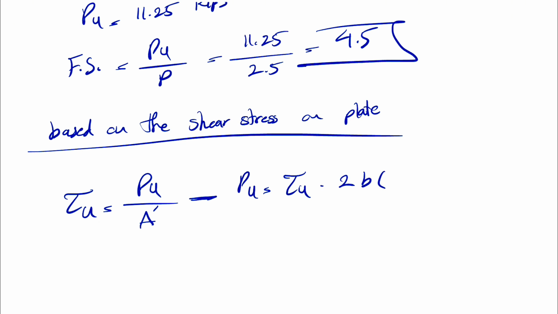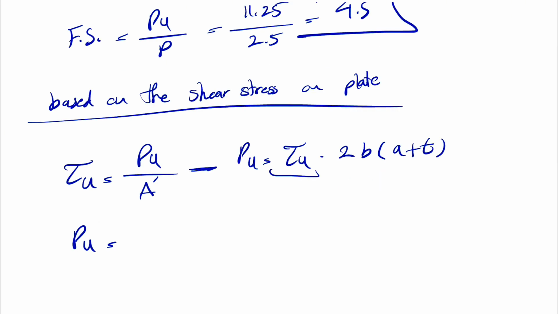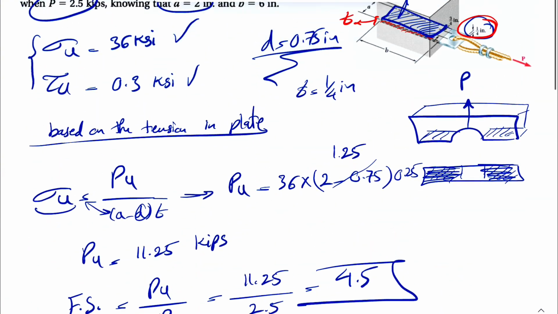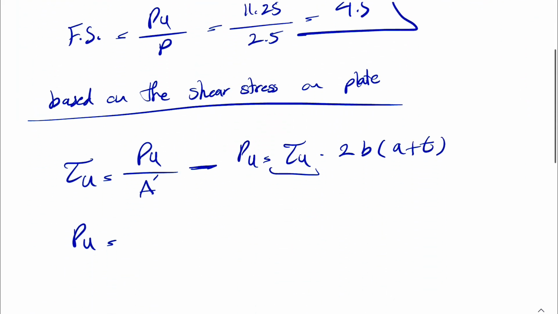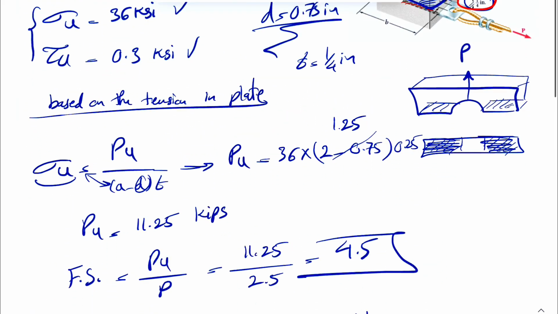So 2B times A plus T. The ultimate shear stress, again, we don't have it in this question, but if you just go to the previous question, that's a given, which we know is 0.3 KSI. In the previous question, we actually have this value based on PSI as 300 PSI, which would be pounds per inch squared. And if you want to have it based on kips per inch squared, we're just going to divide it by 1,000 in order to get it in KSI.